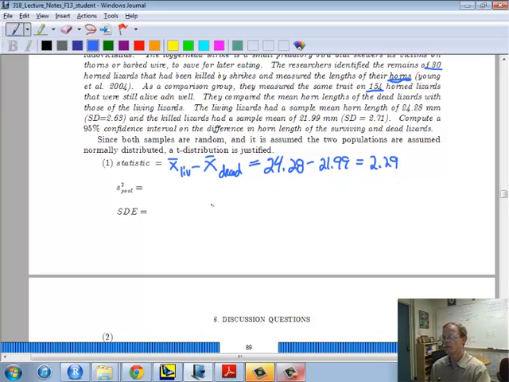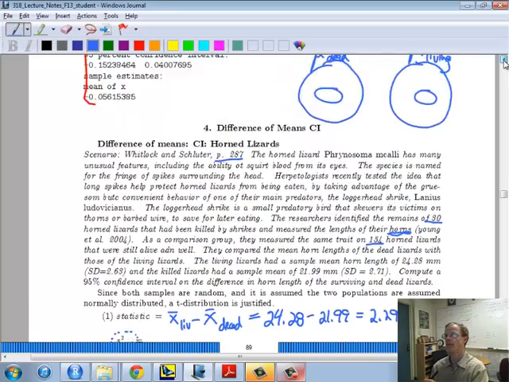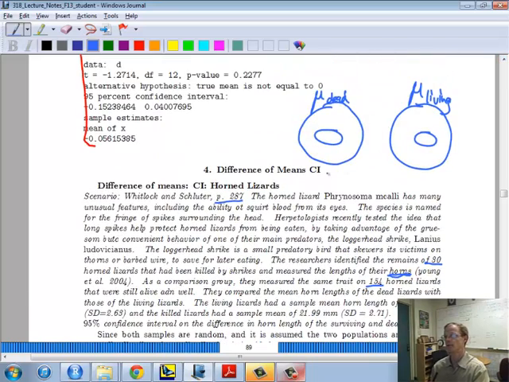Now, here's the most complicated part of the whole calculation. We need to do a thing called pooled variance. And the reason we do a pooled variance is because we're assuming that the two populations have the same variance. So I'm just going to put that.